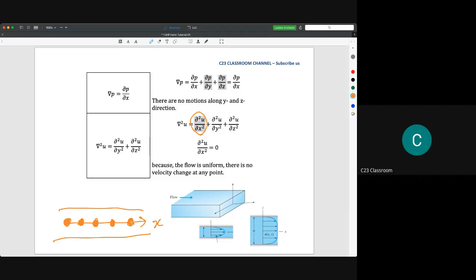Okey. Tetapi kalau awak lihat di sini, dia beri awak dua keadaan seperti ini. So dua keadaan seperti ini membawa maksud, yang ini sebenarnya adalah velocity profile atau velocity distribution di sini.